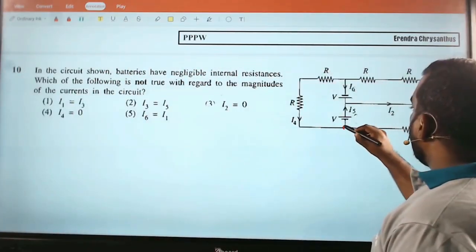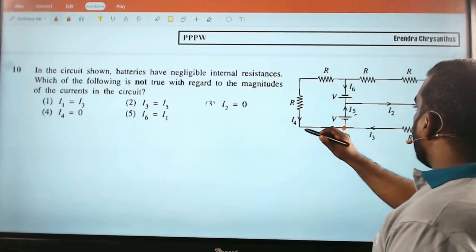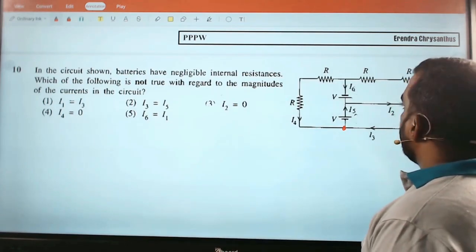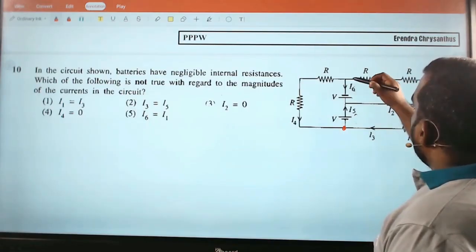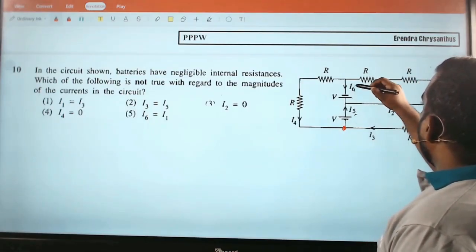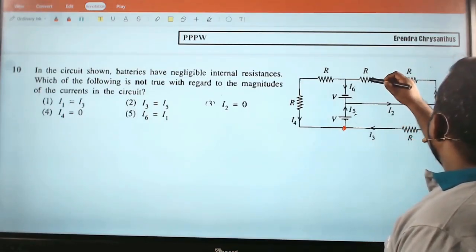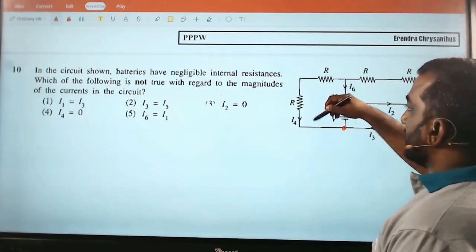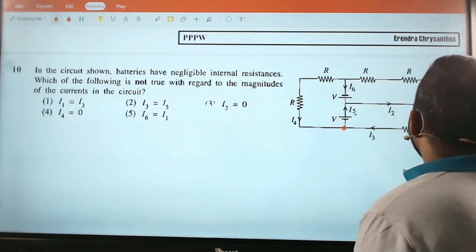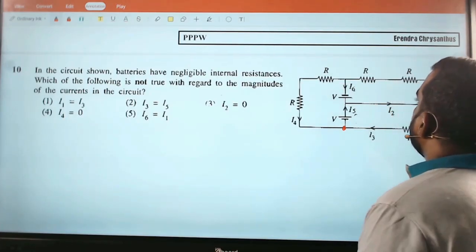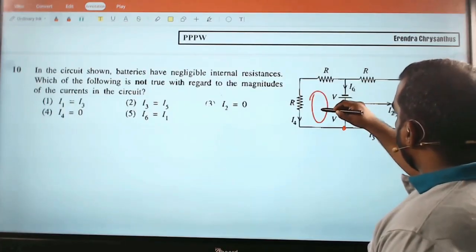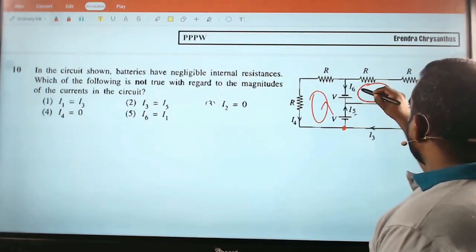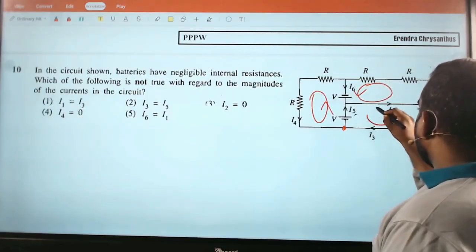I3 plus I4 equals I5. I1 equals I6 plus I4. Right. Let's apply Kirchhoff here.